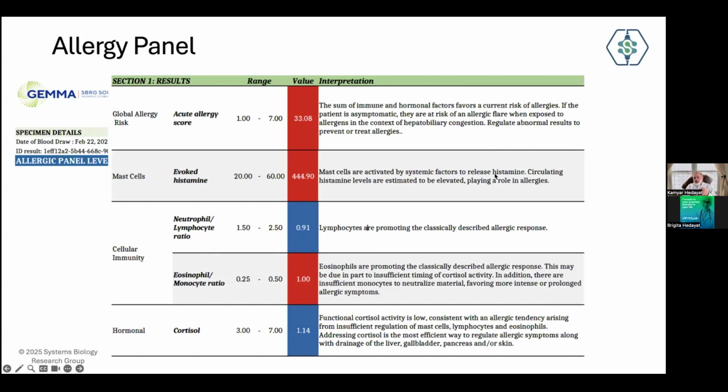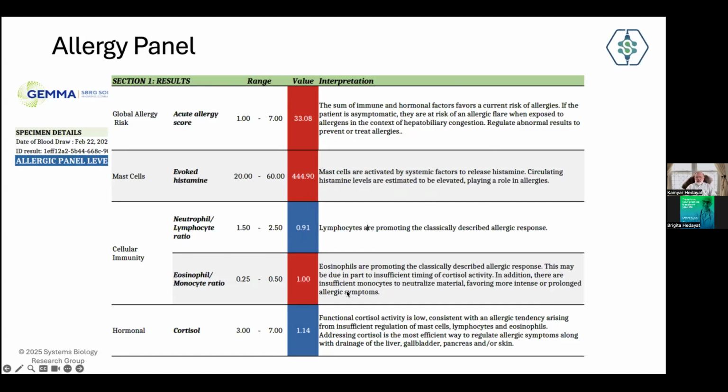So if they're not allergic yet, they're either not exposed to their environmental allergens, for example, like maybe it's a plant which blossoms in April or May and not in February or March, or they haven't developed hepatobiliary congestion yet. So again, you have this chance to treat them.